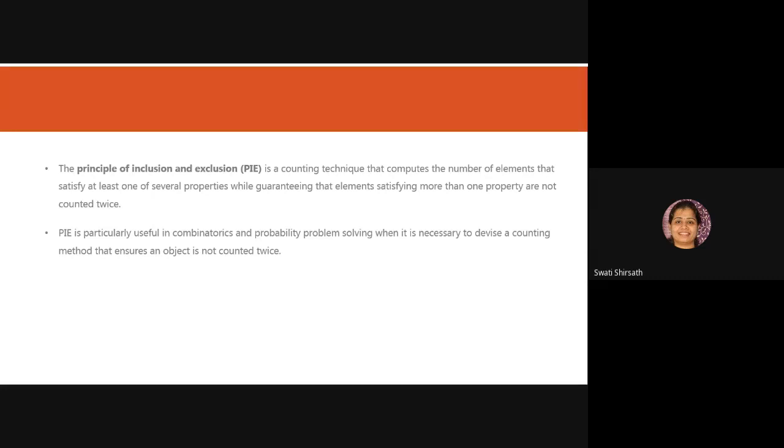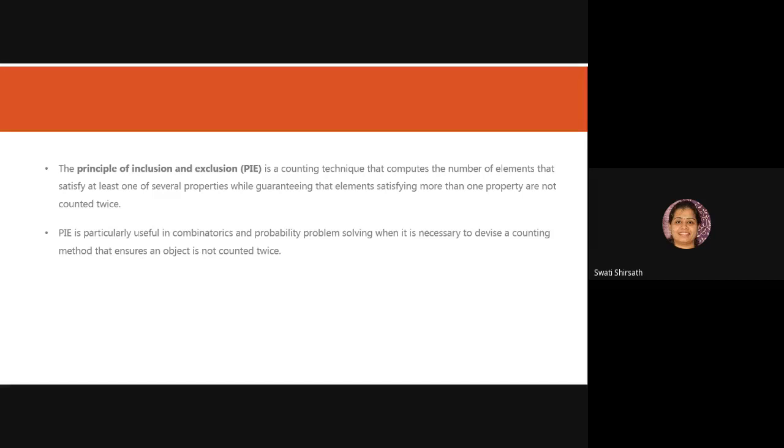The basic principle is expected here, so we are not going in depth. There is one more form of this principle, for inequality, but we won't be going for that one. So I'll just read out the principle for you.